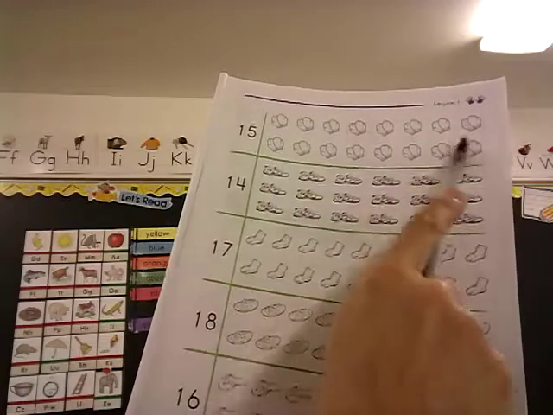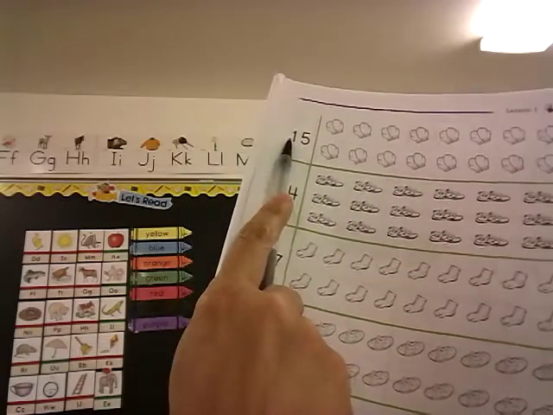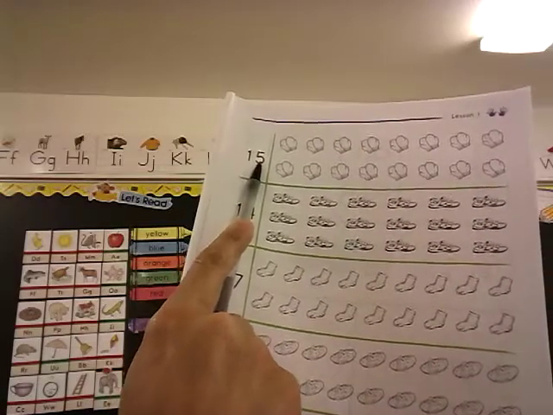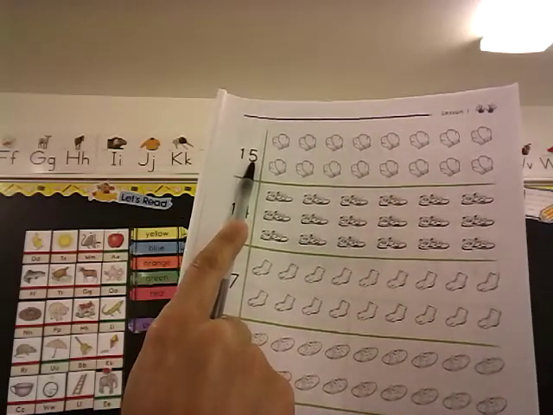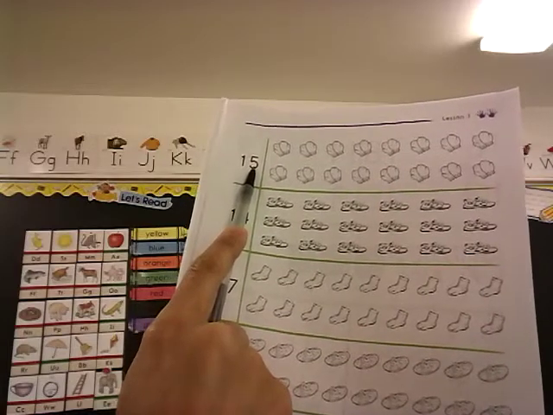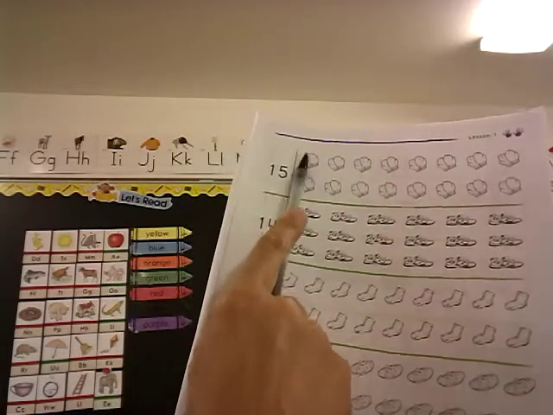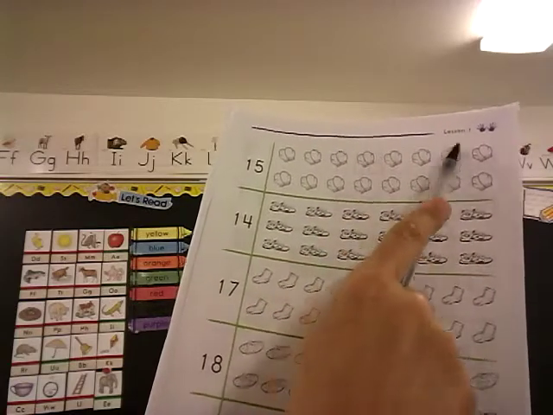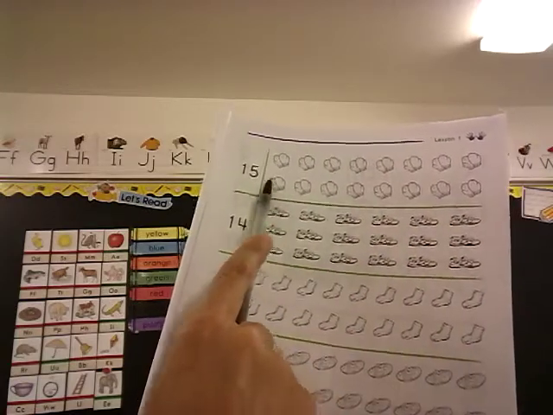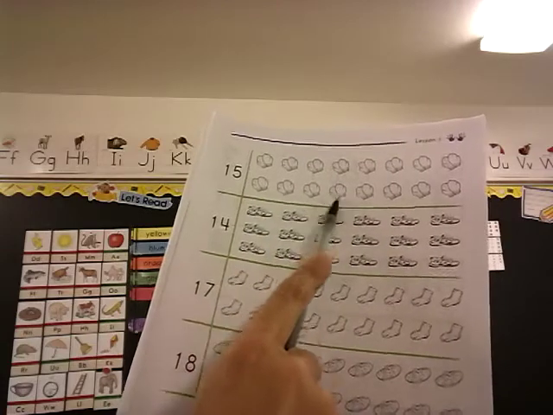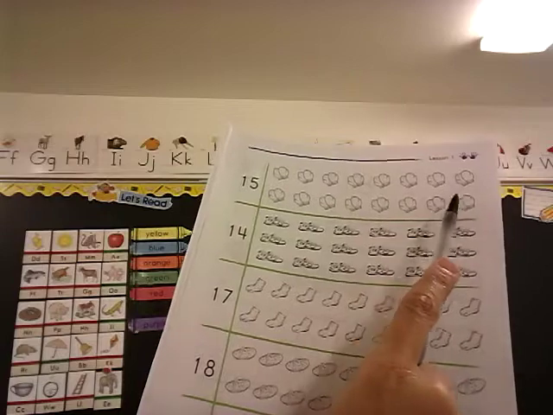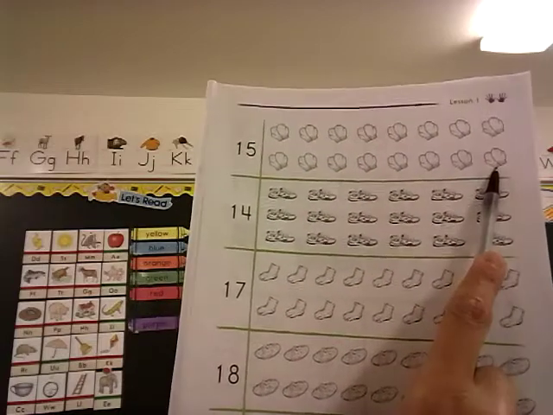The first column, we have mittens, and the number here is 15. So they are wanting you to circle 15 pair of the mittens. So you go 1, 2, 3, 4, 5, 6, 7, 8, 9, 10, 11, 12, 13, 14, 15. So you circle all of them but 1.